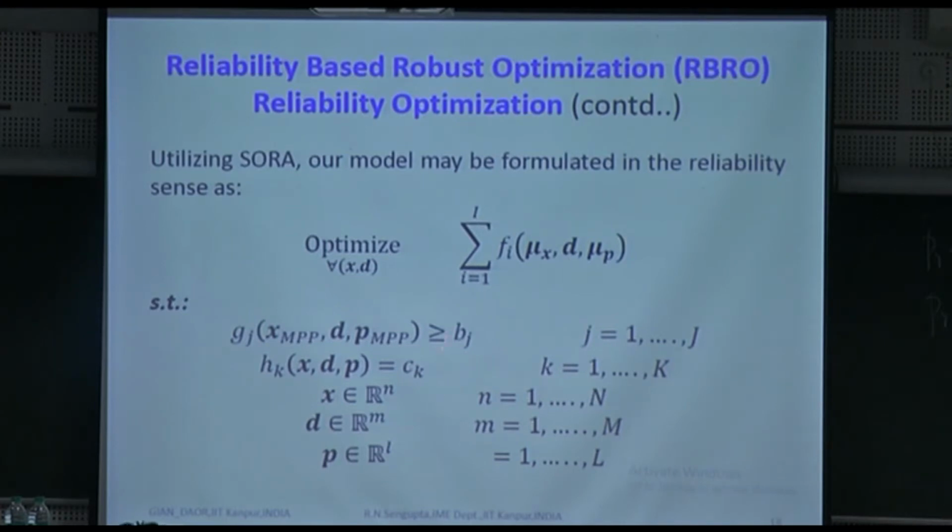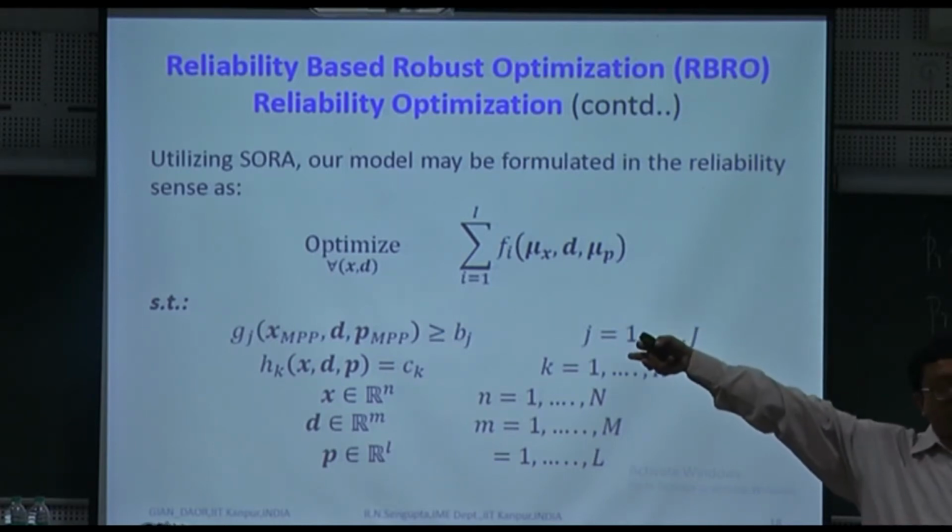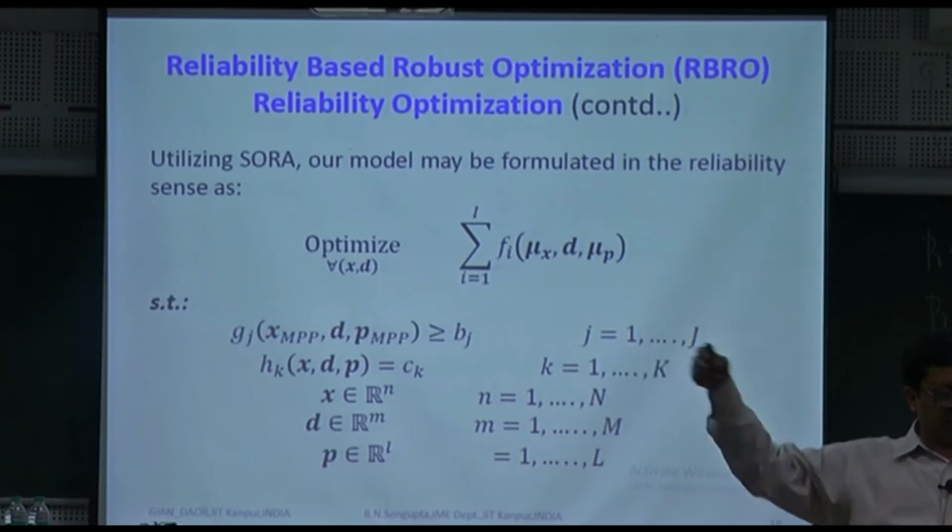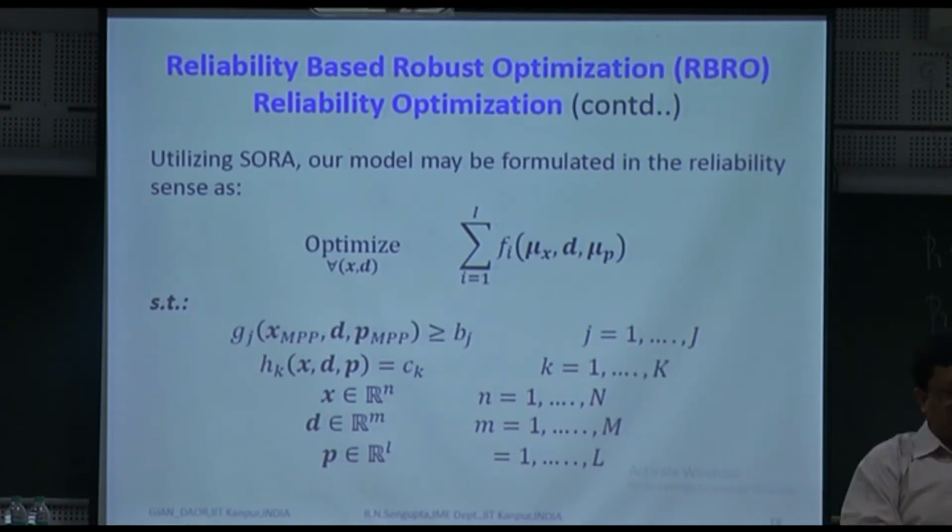Now when you come to the values for the constraints, this X MPP means the most probable point, based on the fact that you are optimized there in the U space. Again I am repeating, you go back and forth between the X space and the U space.